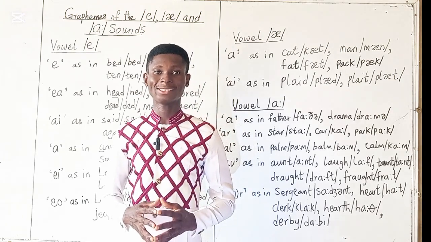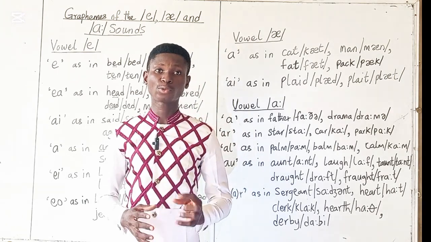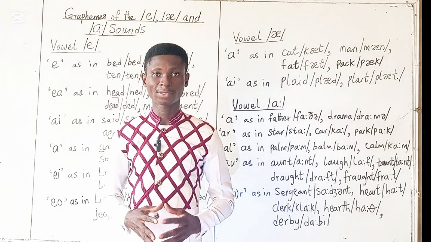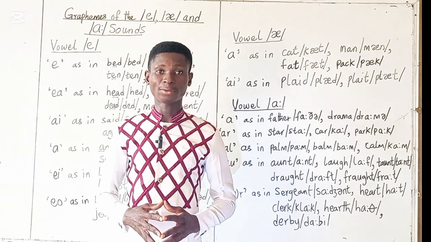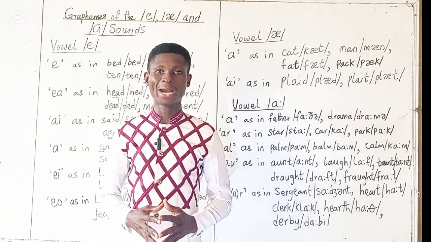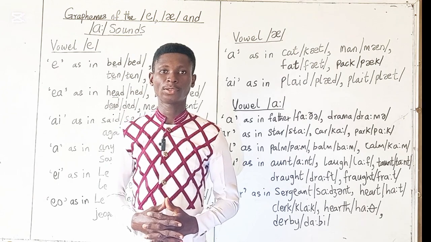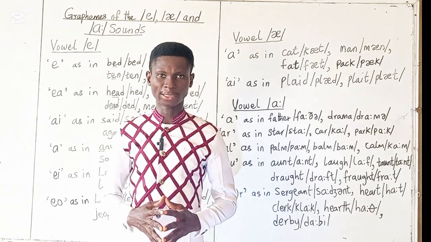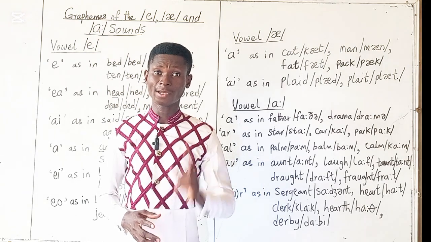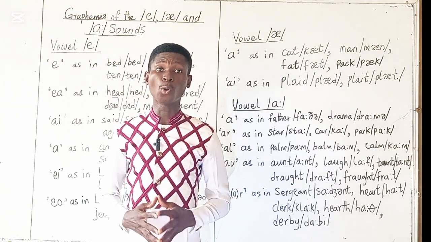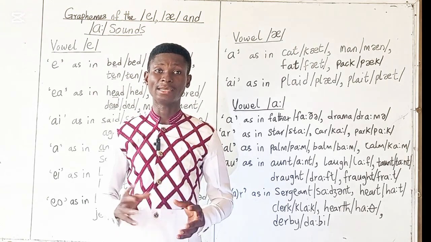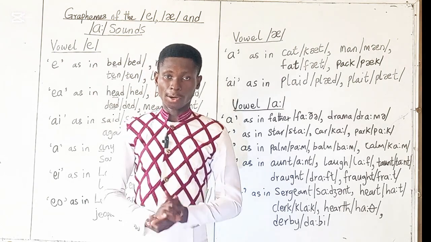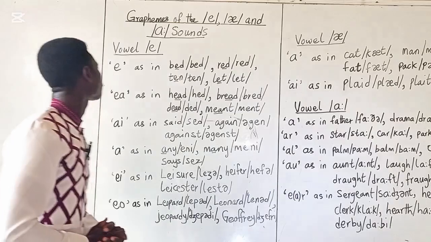So today, I want to consider also two of the front vowel sounds as two of the front monophthongs and also one of the back monophthongs. So I'd like you to pay attention to the graphemes. Once again, graphemes are those letters of the alphabet that can represent the phonemes. All right, let's get to it.